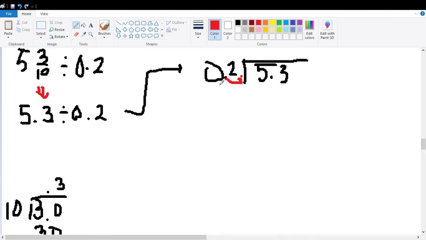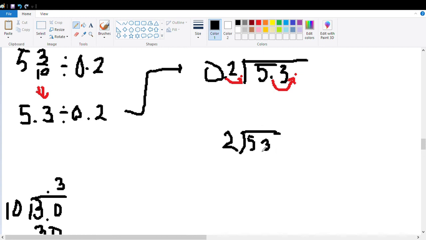And since we're moving the decimal outside, we should also move it inside the same way. So 5.3 becomes 53. And now what we're basically doing is 53 divided by 2.